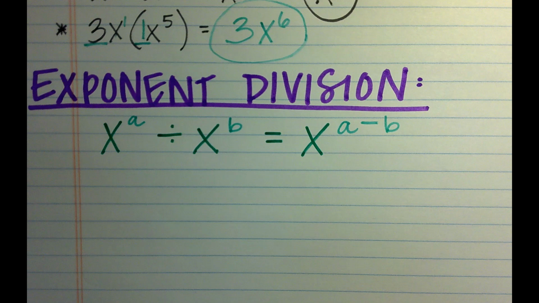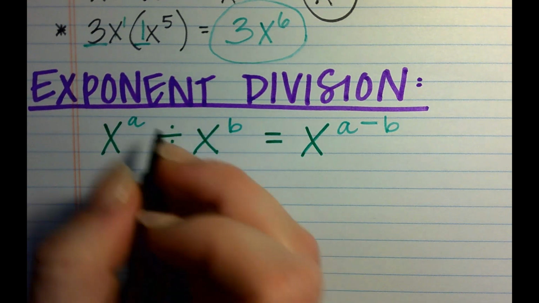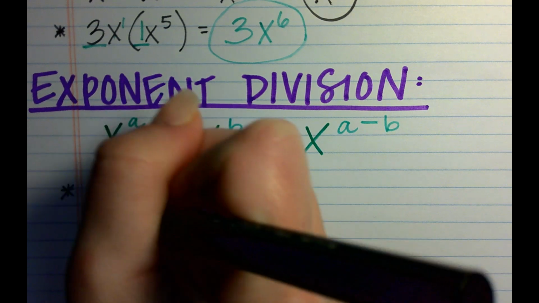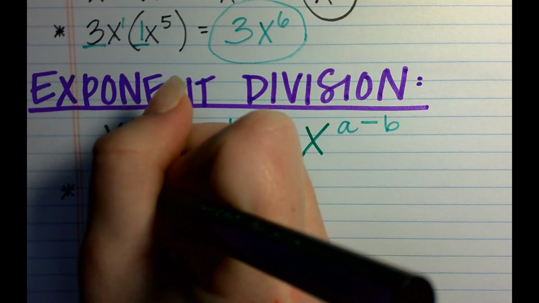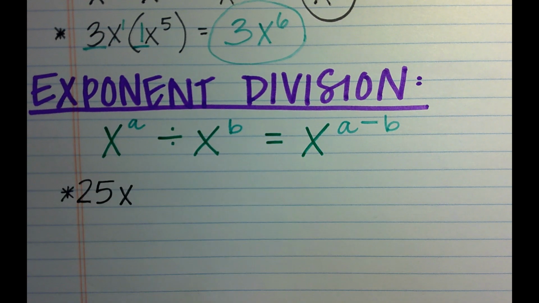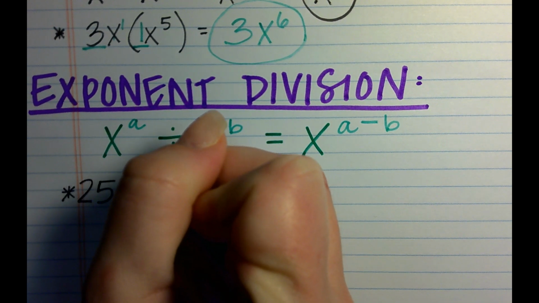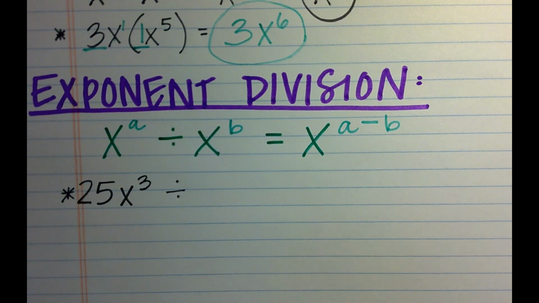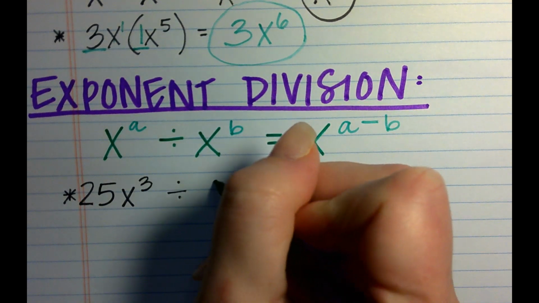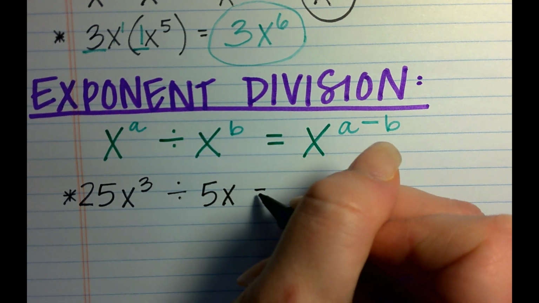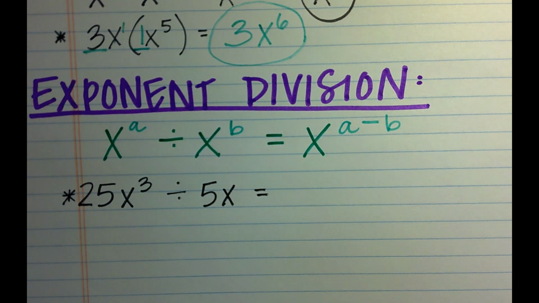So to give you an example of that, we're going to do 25x to the third power divided by 5x. Okay.